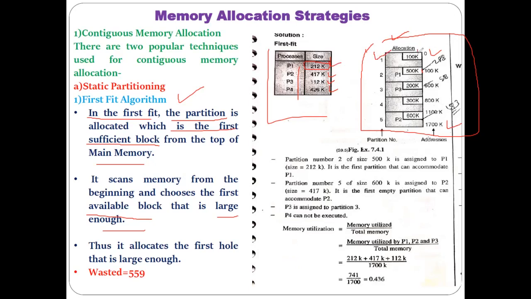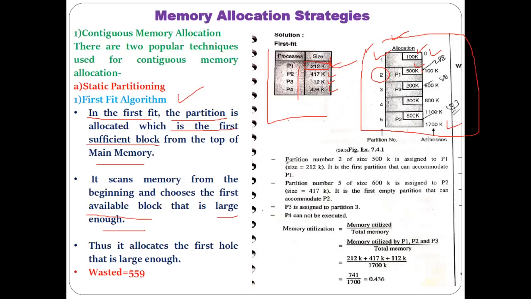No, the first partition size is 100K, and our process size is 212K. Then the second partition is 500K. So this second partition is the first one large enough where you can put the P1 process.